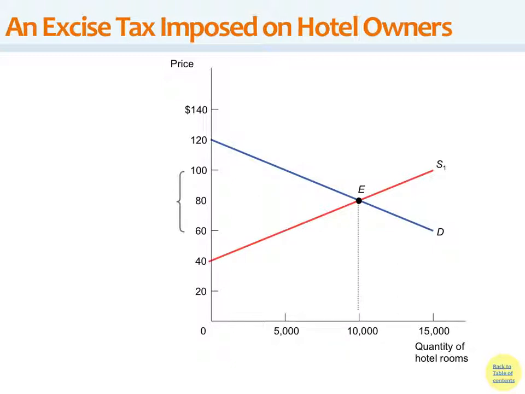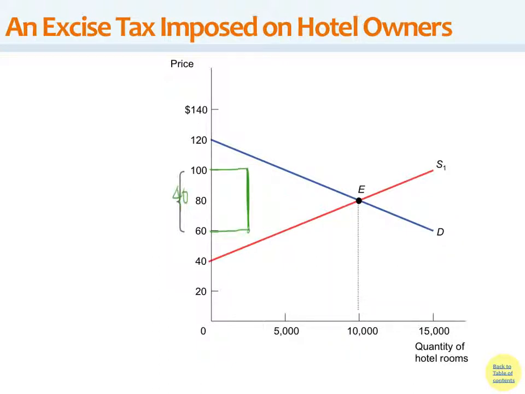Let's say this tax were $40. We would see that there's a $40 distance between the buyer and the seller price. So, for instance, at this level here, there's about $40 difference between buyer and seller price. And once you're given the size of the tax, you can find the correct positioning of the tax wedge just by looking where the demand curve is above the supply curve by exactly $40.